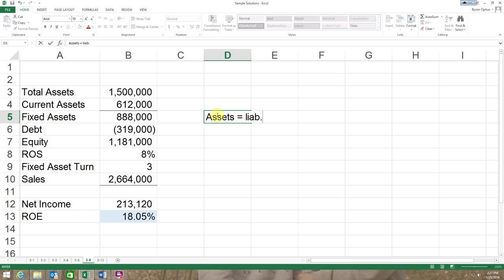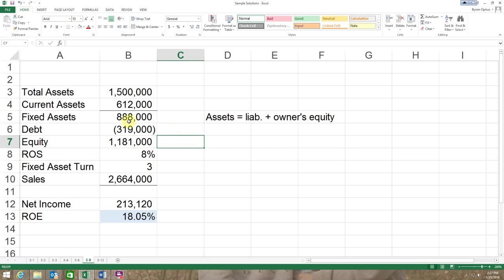Again, you can restate it about 6 different ways. Right? Assets equals liabilities plus owner's equity.